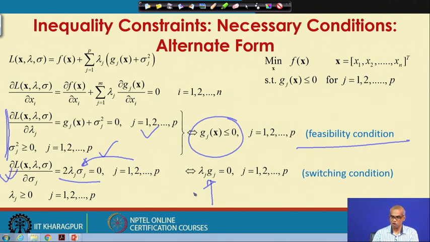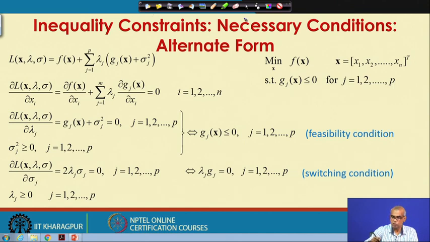So, g is not equal to 0, and in that case lambda equal to 0. So, this condition 2 lambda j sigma j equal to 0 can be replaced by lambda j g j equal to 0, where for an active constraint, that means g equal to 0, lambda will be greater or equal to 0, and for an inactive constraint, g less than 0, lambda will be equal to 0. So, this is how I can represent an alternative form of the necessary conditions.